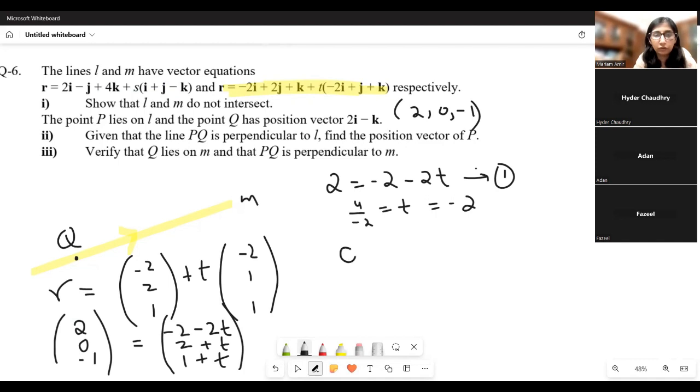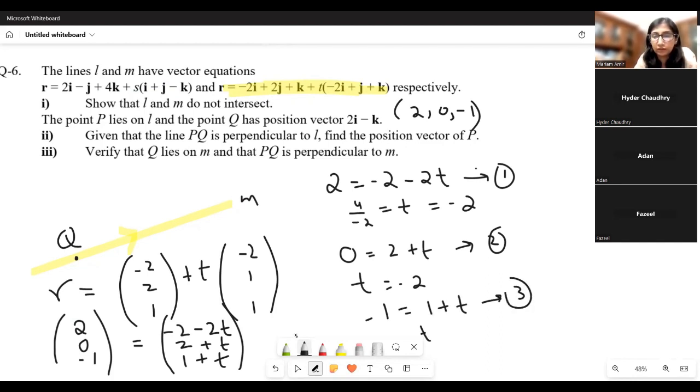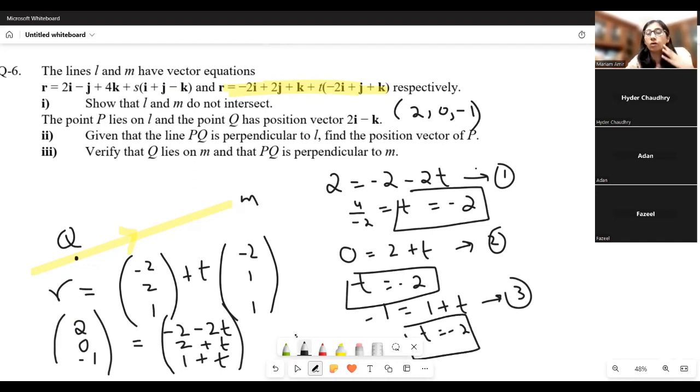Then we have 0 is equals to 2 plus t, which is again t equals -2. And in the end, we have -1 is equals to 1 plus t, which is t is equals to -2. So since t is constant, hence Q lies on the line M.